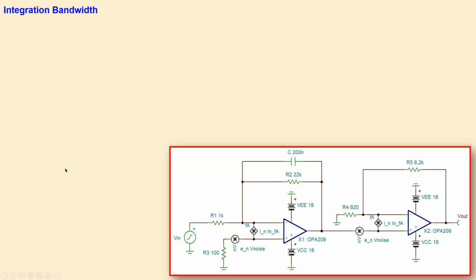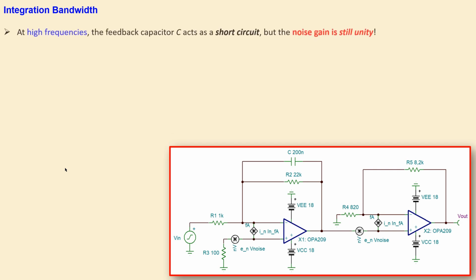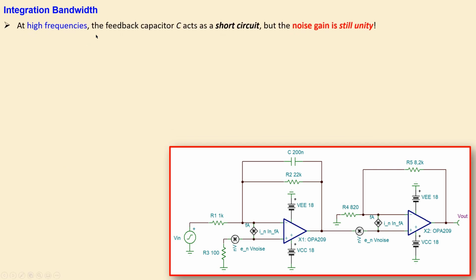Okay, now the integration bandwidth, which is a very important topic. We will consider it first, before we move on to the next analysis. At high frequencies, the feedback capacitor acts as a short circuit. So when the frequency goes to infinite values, the noise gain is still unity. That's an interesting thing, because you have a unity gain feedback here, but the noise gain will not be 0.